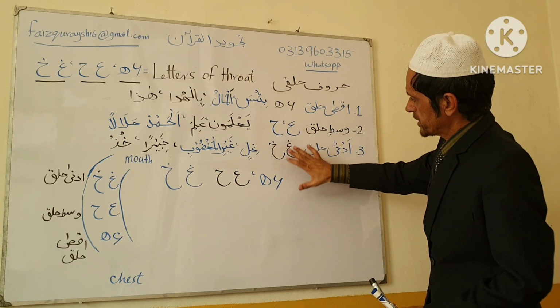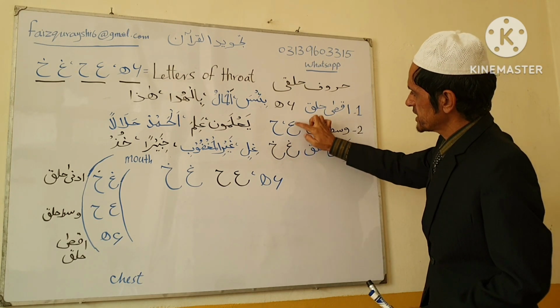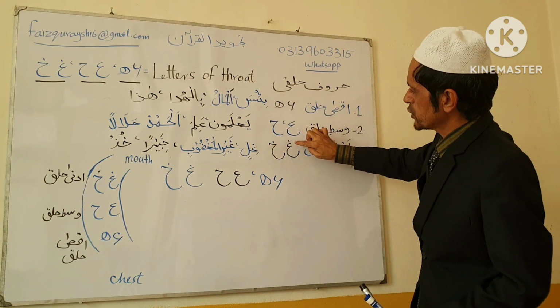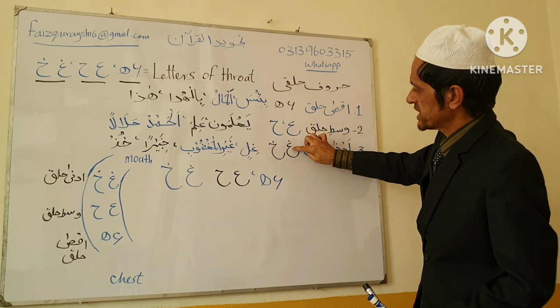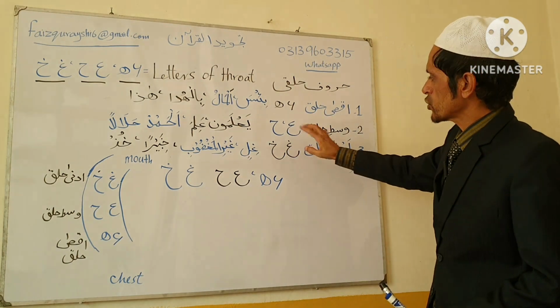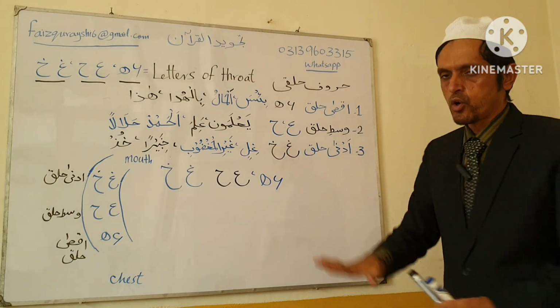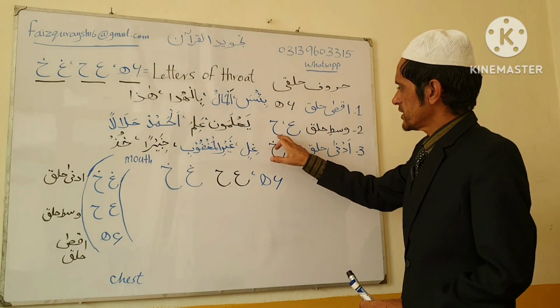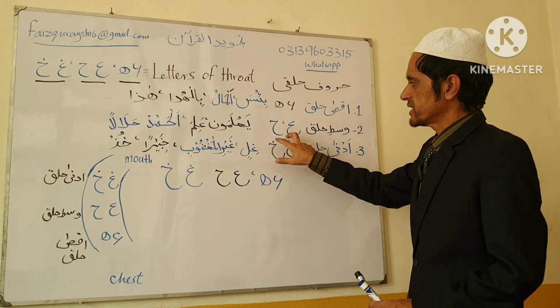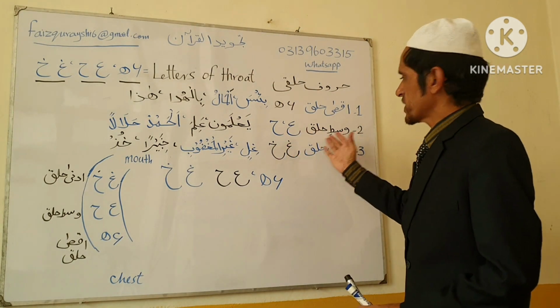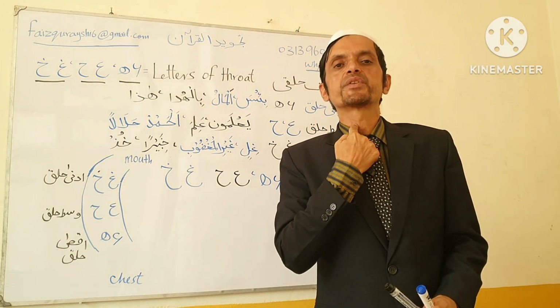Their shapes are the same, but on these two letters there is no dot, while here there are dots, so they are different on the basis of these dots. Their articulation point is Wasti Halq, from the middle of your throat.